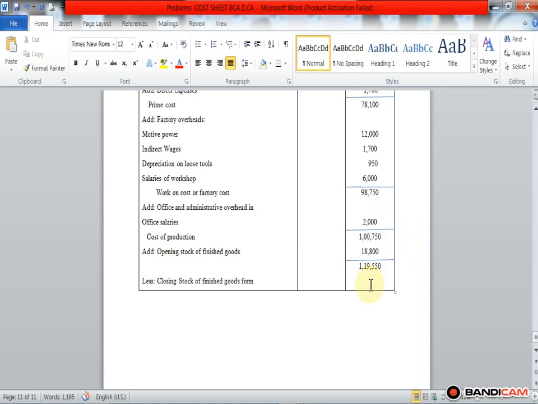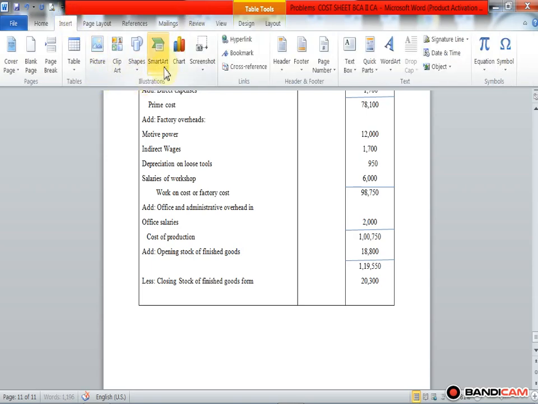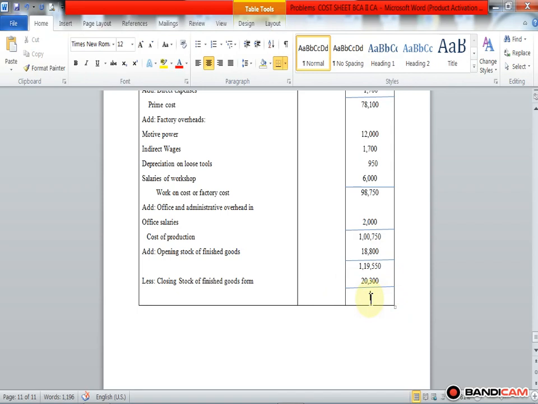It is deducted, 20,300. We get the cost of goods sold, amounting to rupees 99,250.